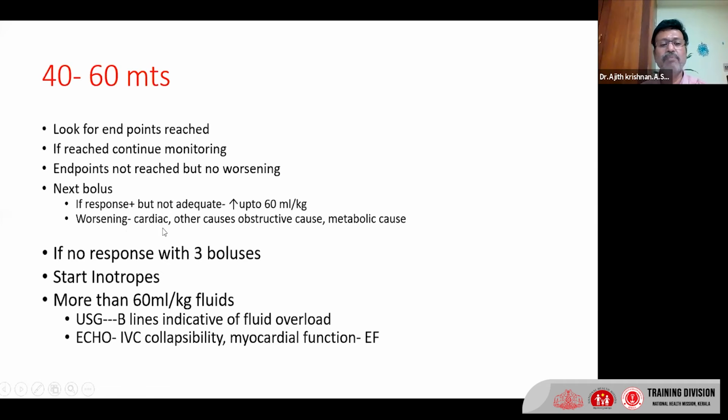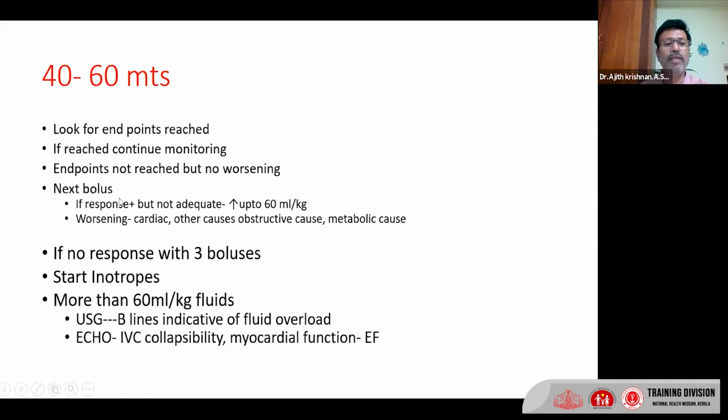When there is worsening with the next bolus, especially in cardiac causes, and other causes like obstructive or metabolic causes, mainly cardiac. The cardiac cause can be myocarditis, or myocardial dysfunction in septic shock, or due to an obstructive cause, or any metabolic cause like hypoxia and acidosis, as part of any shock, which can result in secondary cardiac dysfunction.